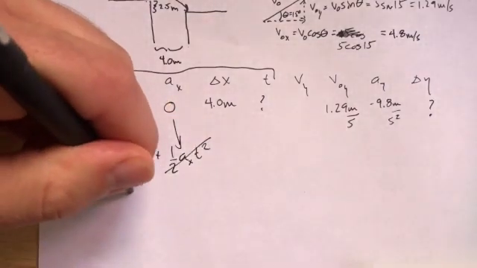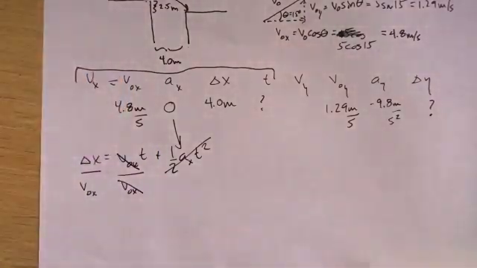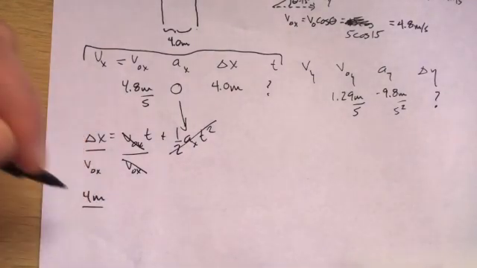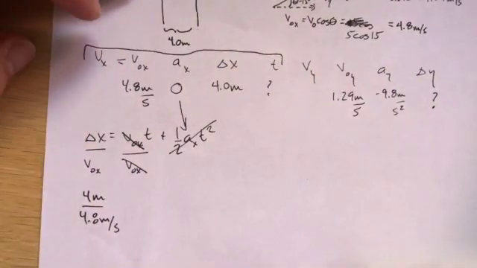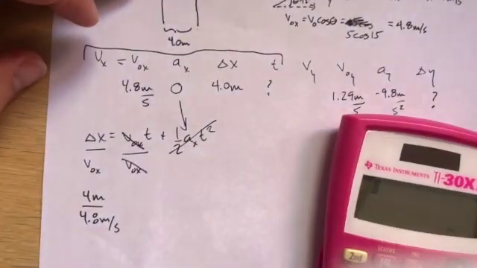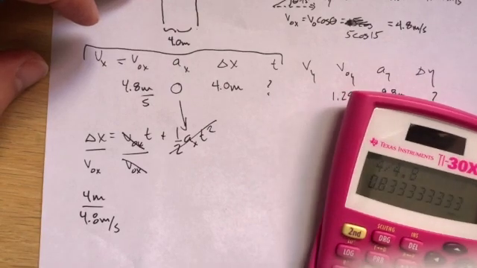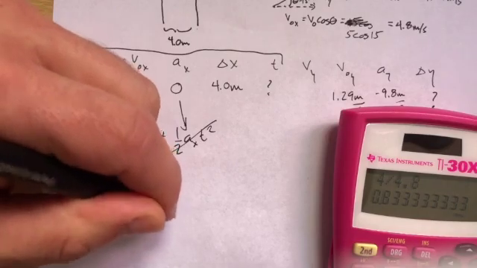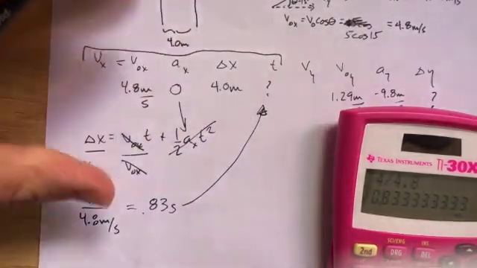Let's divide both sides by V naught x. That's going to be 4 meters divided by 4.8 meters per second. So 4 divided by 4.8 equals 0.83 seconds. That's my time, and that's going to shoot up to here.